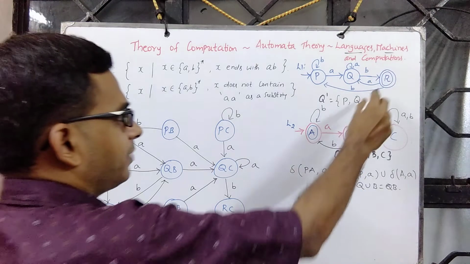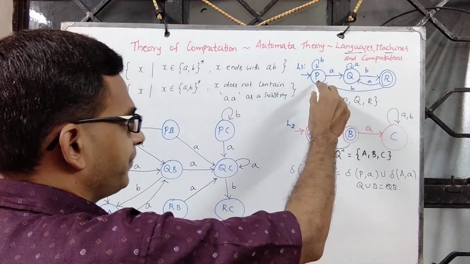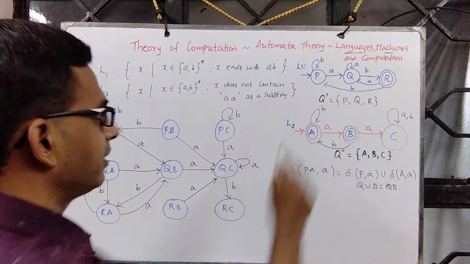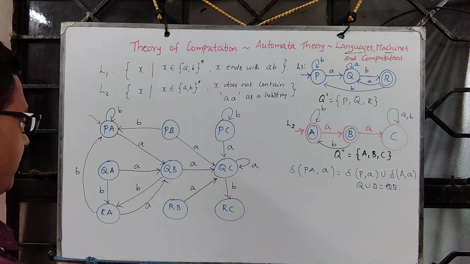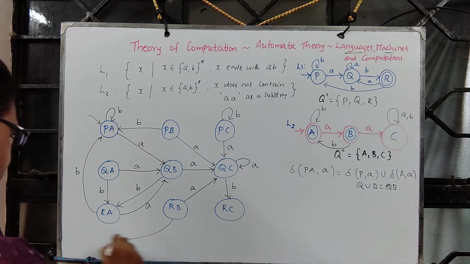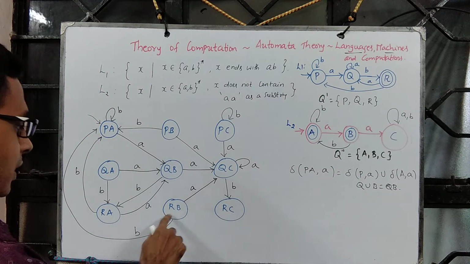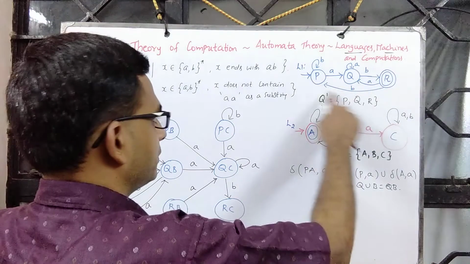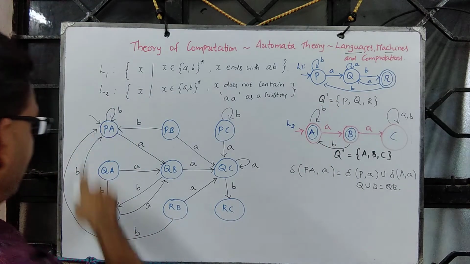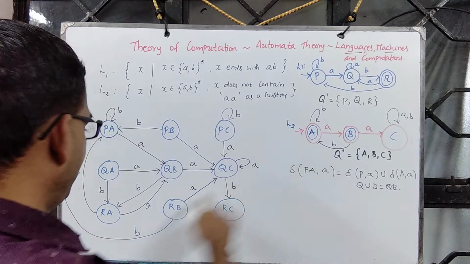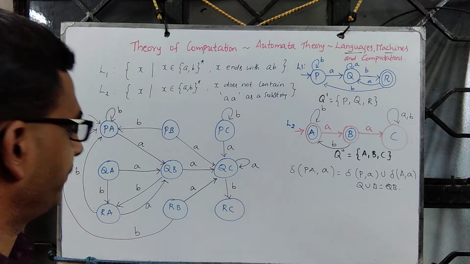Then R comma B is P and B comma B is A. So we go to PA.